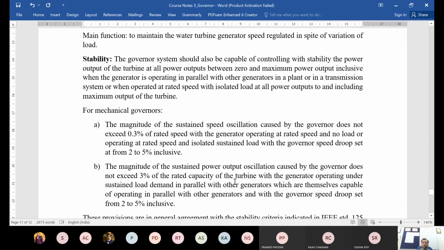So that is the second case, which is a more practical case, when you have your generator connected through a transmission network to several other generators. So your overall power system has n number of generators, and each generator is capable of operating in parallel with other generators. In such a condition the system is more complex, because earlier it was very simple.